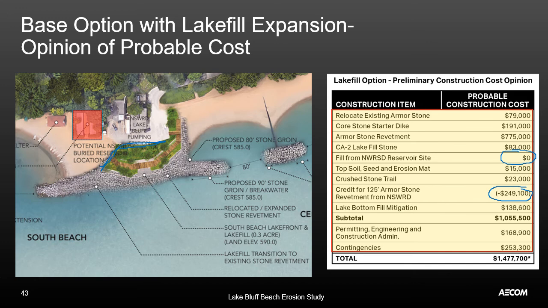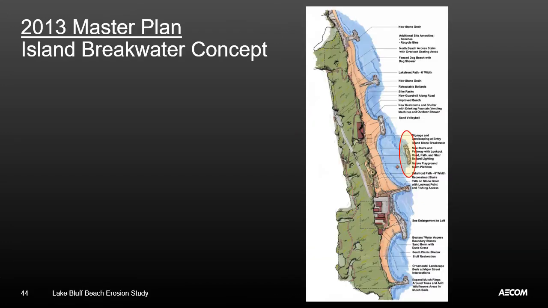So only so much of this fill is compatible with this expansion in this particular location. As such, for this feature to be built, the community would have to decide that the benefits of this feature warrant the additional, significant cost to build this option.